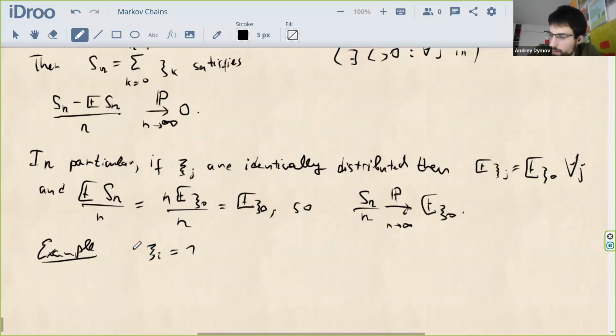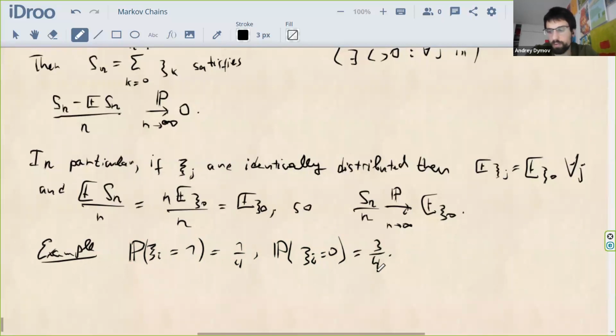And the probability of the head is 1/4. And I write down 0 if I have tail. The probability of the tail is accordingly 3/4.